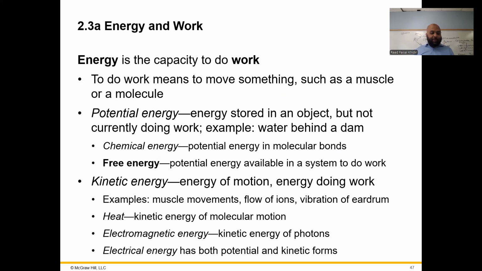Same thing with chemical energy. For chemical energy, I have ATP. ATP is an adenine nucleotide with 3 phosphate groups. That's why we call it adenosine triphosphate.